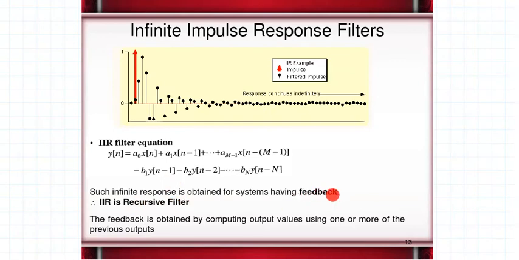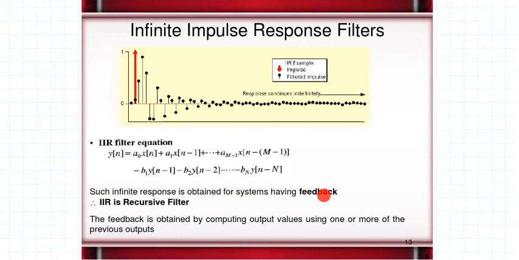And who decides feedback? If the output has dependency on some past output values. You could see here the output is dependent on y[n-1], y[n-2], which are nothing but past output values. So if the output is a function of past output values, you say such a filter is a recursive filter that involves feedback.